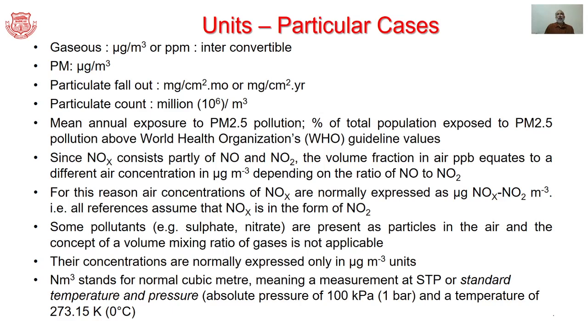Additionally, we may be dealing with a particular case of, say, fallout of particulate. In order to express that, we can make use of the units milligram per centimeter square per month or milligram per centimeter square per year. Also, there could be need to determine the particulate count. It could be expressed as number per cubic meter, such as million, that is 10 to 6 per cubic meter.